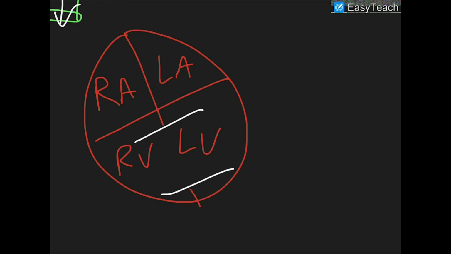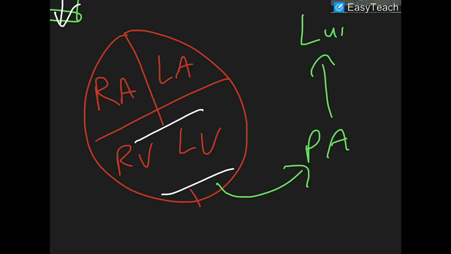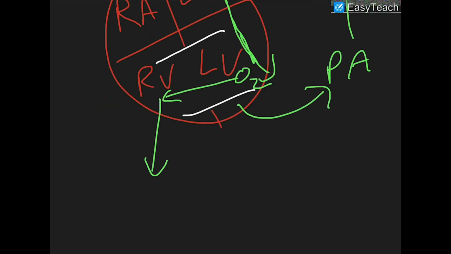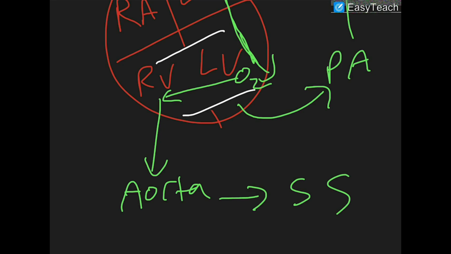The left side is the oxygenated circuit, because blood leaves the left ventricle, goes to the pulmonary artery, then to the lungs, gets oxygenated, and comes back. It's the same thing: if blood goes down to the left ventricle, that's fully oxygenated, it can cross over to the right ventricle, then go down to the aorta, and then to the systemic circulation. So that's why a VSD is also helpful.